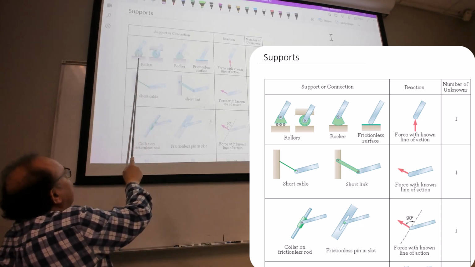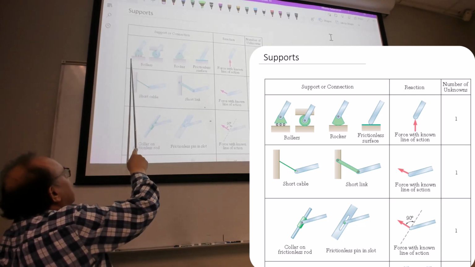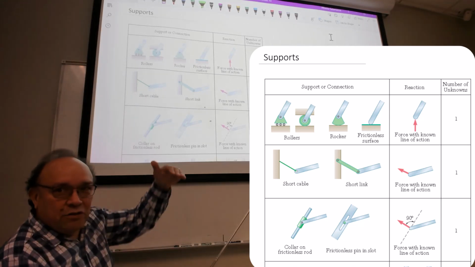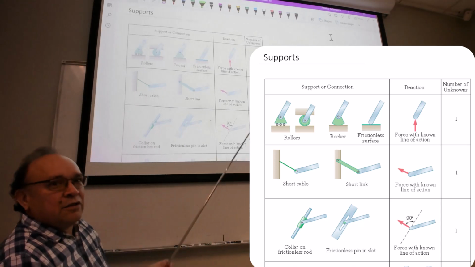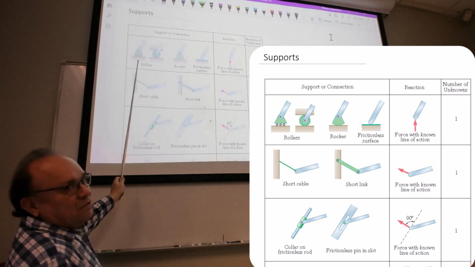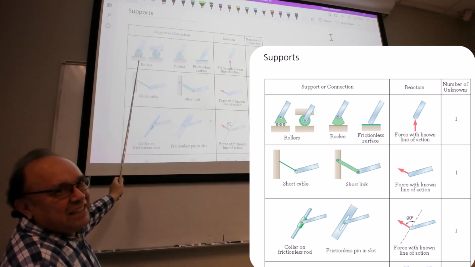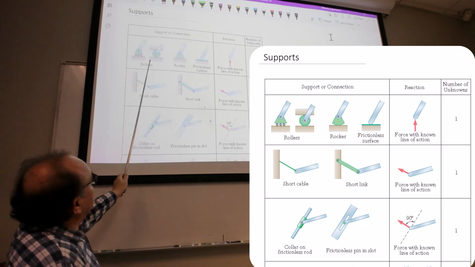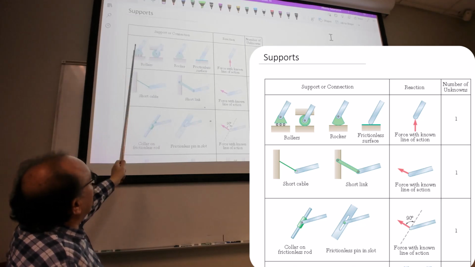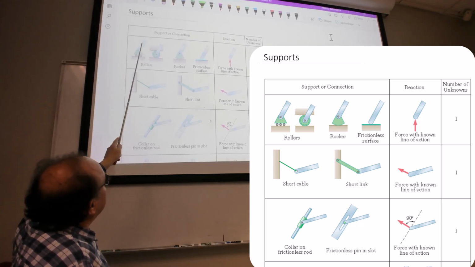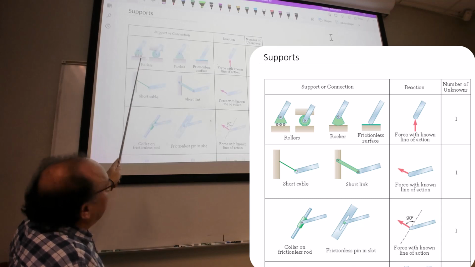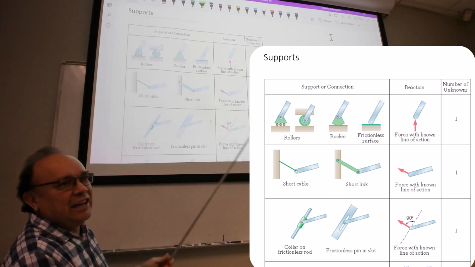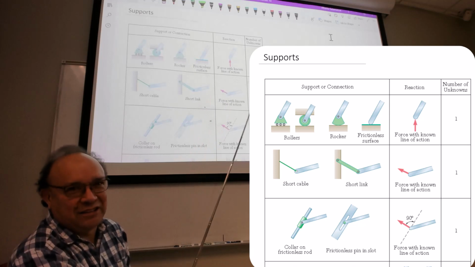Or here on the floor, you cannot move it down because the floor is not letting you go down, as long as the floor is level. Yeah, the floor is flat. So if you try to push this leg down, it's not going to go down because the floor doesn't allow it, unless the floor fails, right?